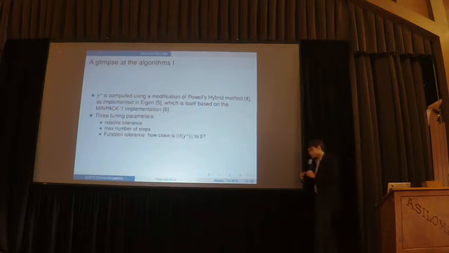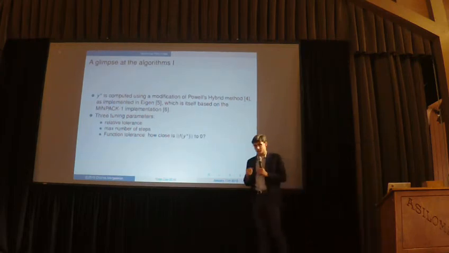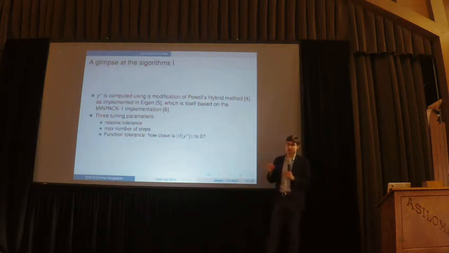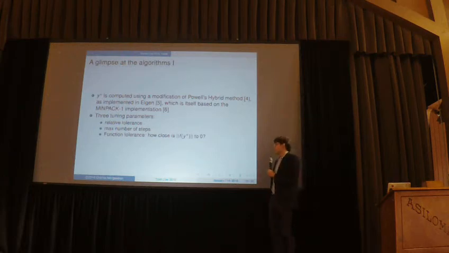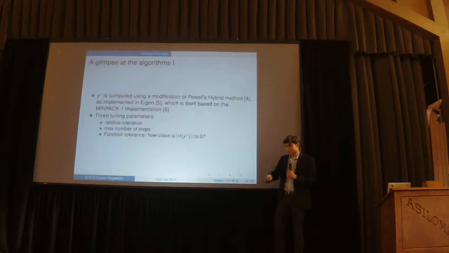So I'm not going to develop in detail the algorithm that allows you to solve the algebraic equation, but I'll give you a short glimpse because it will motivate some tuning parameters that you as users might find useful. Especially, you need to realize that this solver is kind of an optimization algorithm.